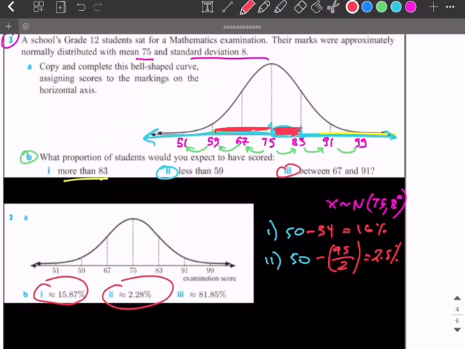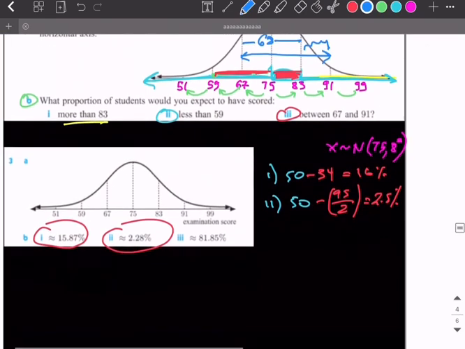I want the number from 67 to 91. So I already know that I get 68 from here to there. And this portion here, we have done it multiple times up to now, so let me write it down.